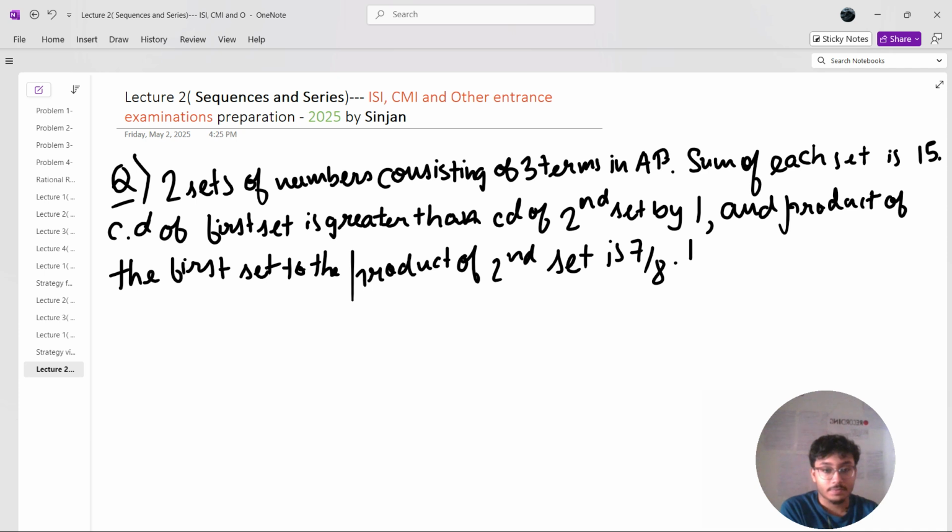We need to find the numbers of both the sets.